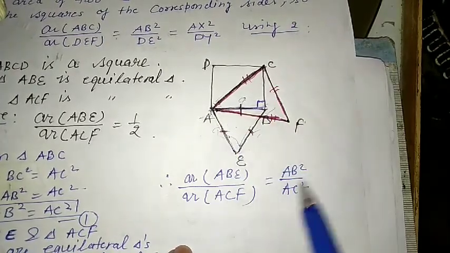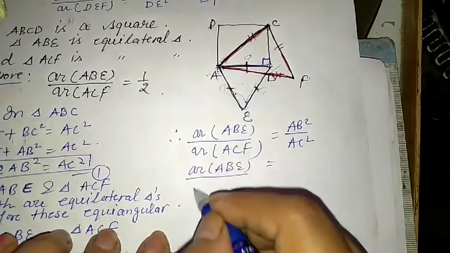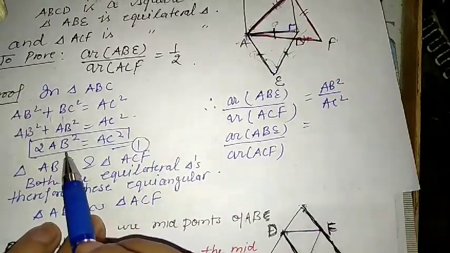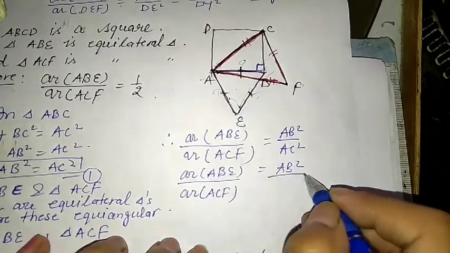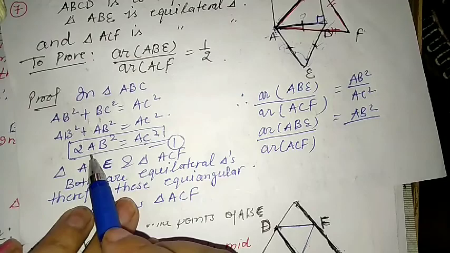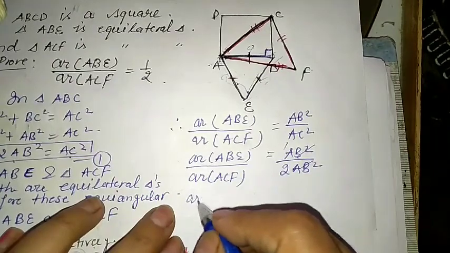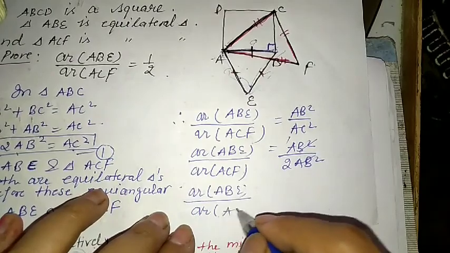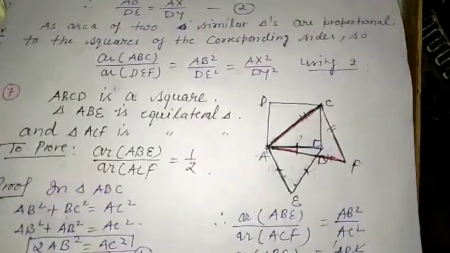Now we can replace AC square with twice AB square. So this AB square can be cancelled. So we have area of ABE upon area of ACF is equal to 1/2. Hence we have proved it.